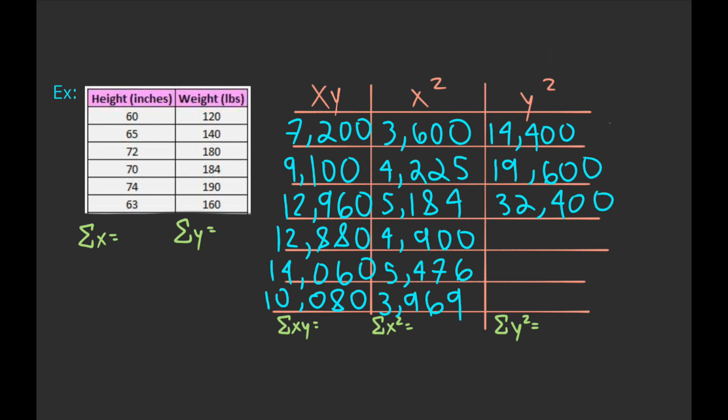The fourth row is 184 squared, which is 33,856. The fifth row is 190 squared, which is 36,100. And the sixth row is 160 squared, which is 25,600.